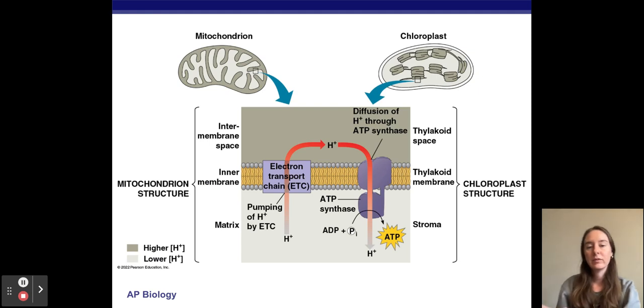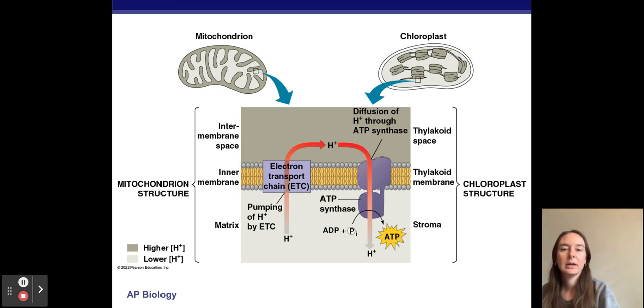Now I want to briefly show you and remind you that we had looked at an electron transport chain in cellular respiration. Remember, in cellular respiration, we were in the mitochondria, and we generated a high concentration of hydrogen ions in the intermembrane space. So the space between the inner and the outer membrane, this darker space here, we had a high concentration of hydrogen ions.